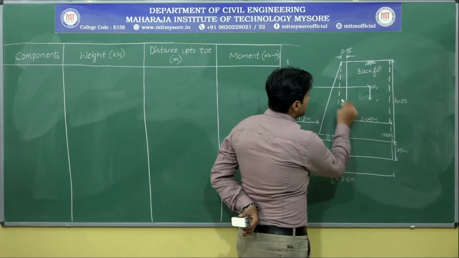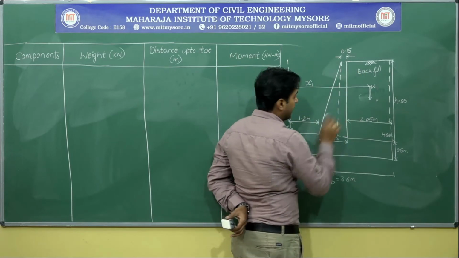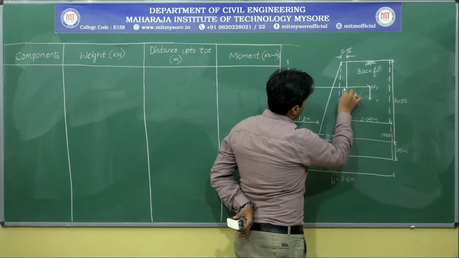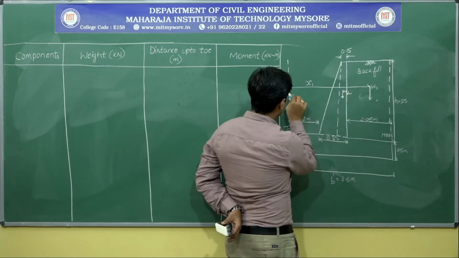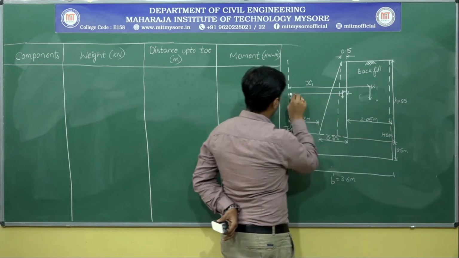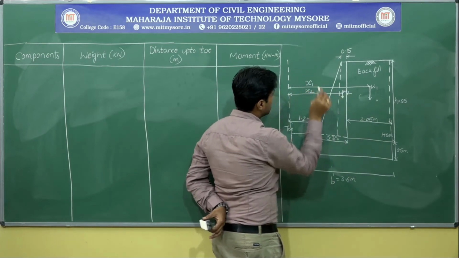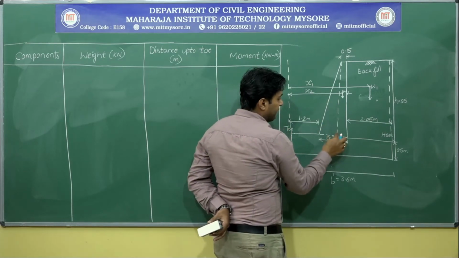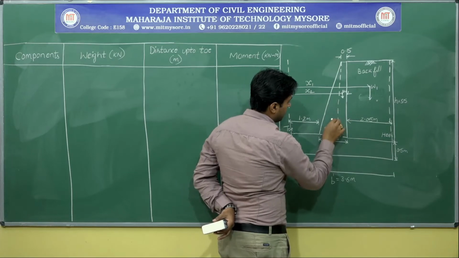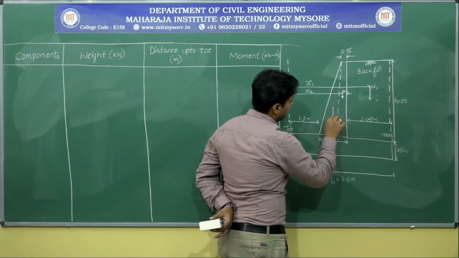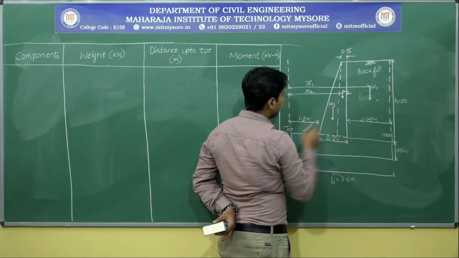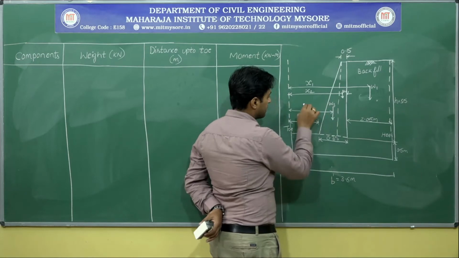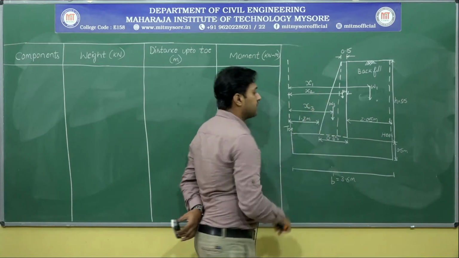For this rectangle, the centroid will be at the center. I will be calling it W2, and the distance till the toe, I will be calling it x2. For this triangle, from the 90-degree side, it may act somewhere over here, that is W3. The distance up to the toe, I will be calling it x3.